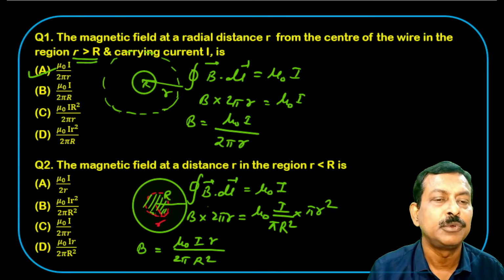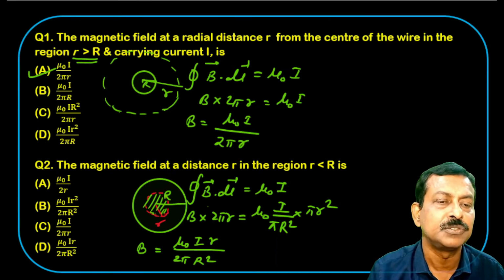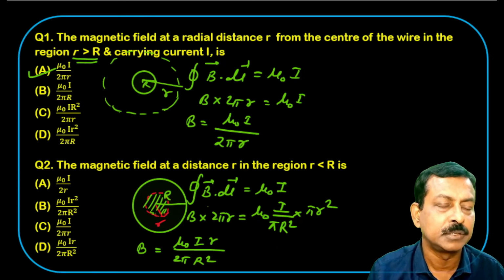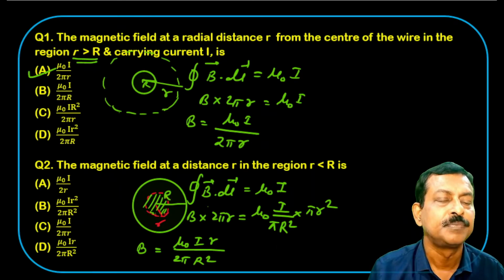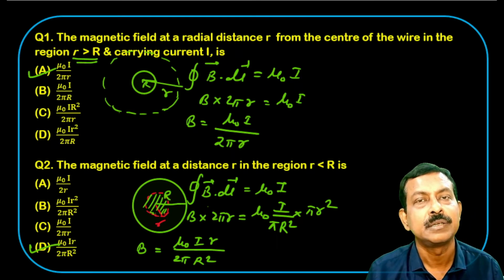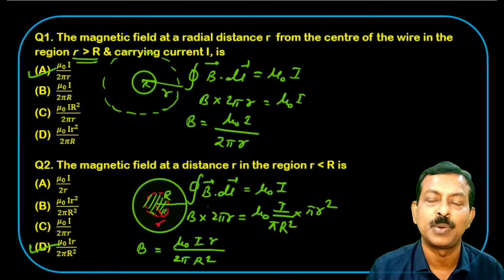So if you look at the different options which are given, the first one is wrong, mu naught I by 2 pi r. Mu naught I r square divided by 2 pi capital R square is also not correct. So the fourth one is the correct one. This is the correct option, mu naught I r by 2 pi capital R square.